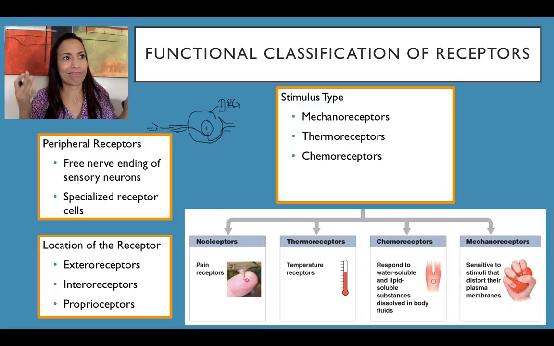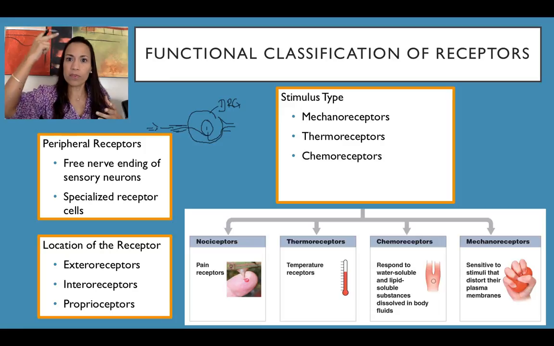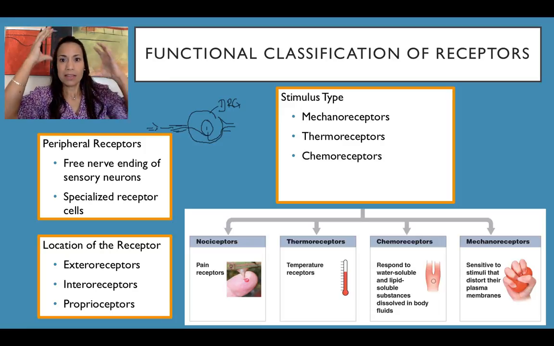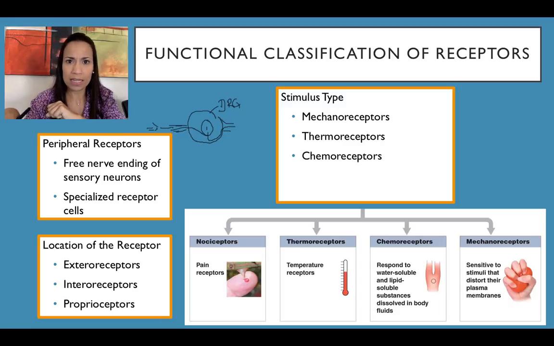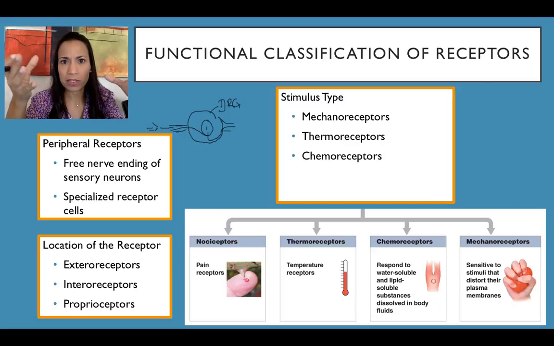Your acidic concentration in your stomach is detected by chemoreceptors, which send their information to the central nervous system. The central nervous system analyzes it and says, this is too acidic, let's stimulate other cells to drop that level of acidic substances, or decrease the pH.